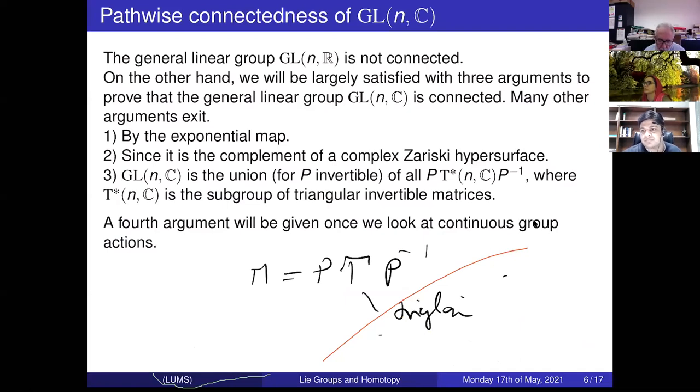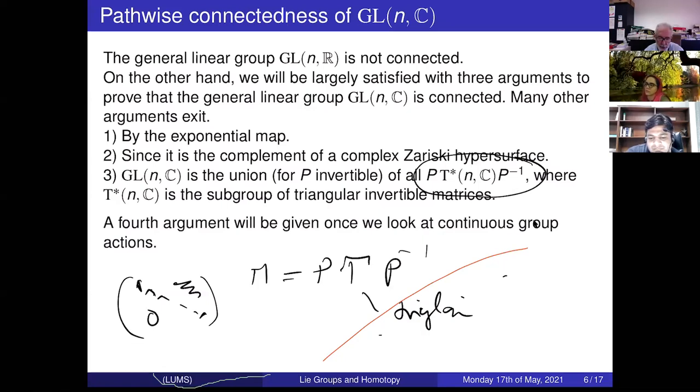So GLNC is the union of all these sets. If I take the invertible triangular matrices, that means these entries here are non-zero and here any number, this set is pathwise connected. Why?